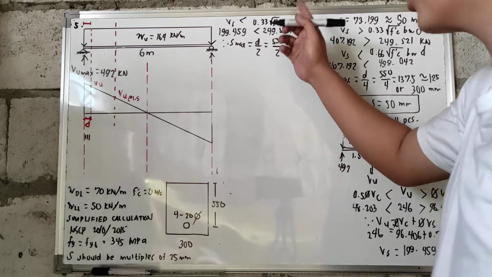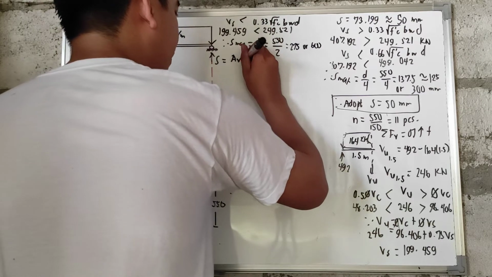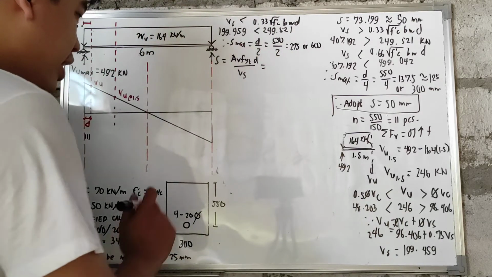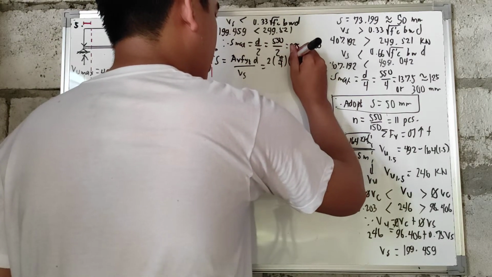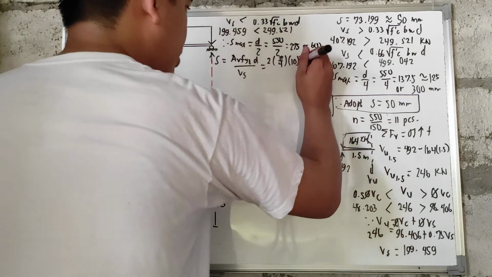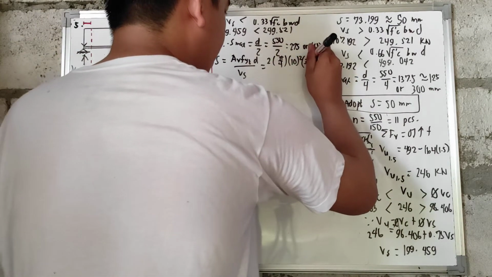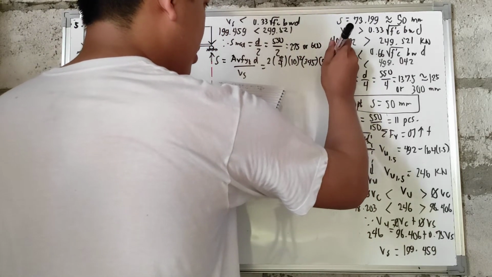Next naman, kunin natin yung spacing using yung VS natin. So, that is AV FYTD over V sub S. So, meron tayong dalawang piraso ng stirrups na merong diameter na 10 mm squared. Yung FYT natin na 345. Tapos yung D natin na 550.